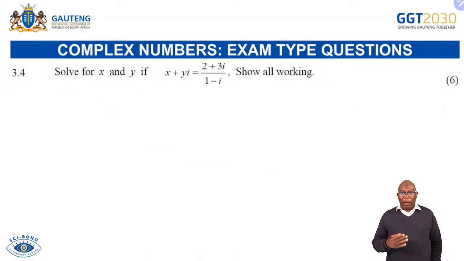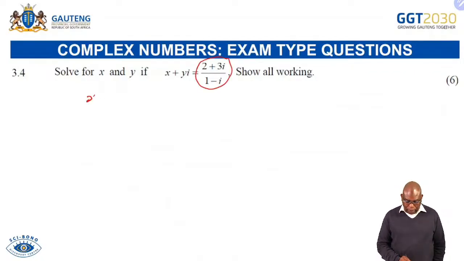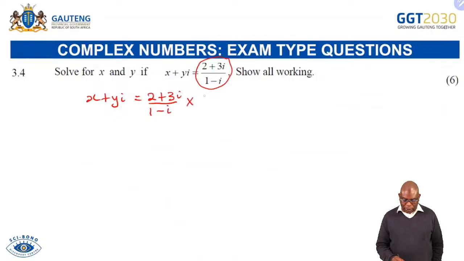They want it in that form, and we must put it in that particular form. Okay, with this one, remember what we do here is the conjugate. So it will be x plus yi equals 2 plus 3i all over 1 minus i. So the right hand side we multiply by 1 plus i over 1 plus i, the conjugate.